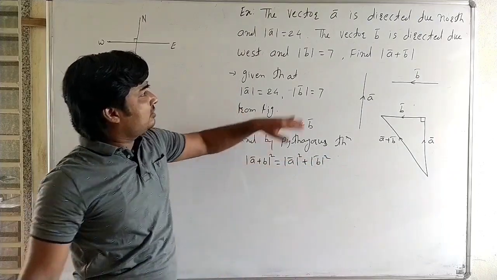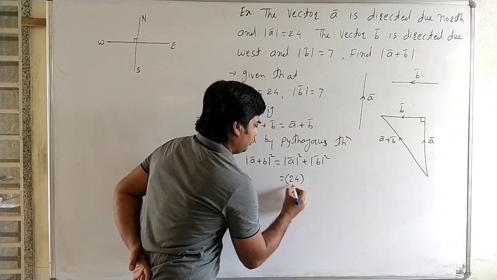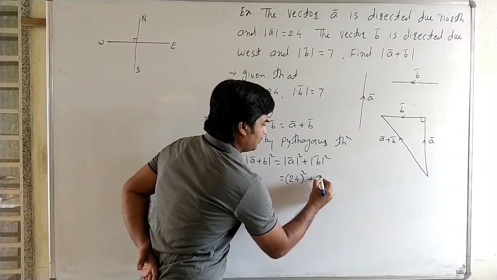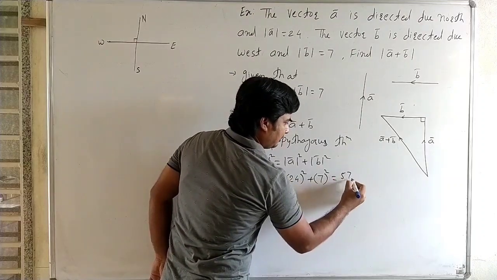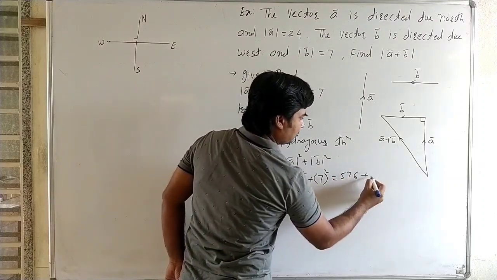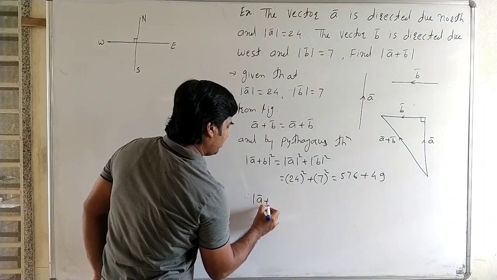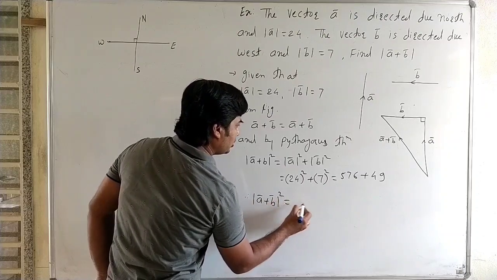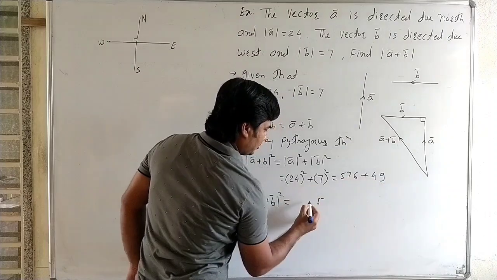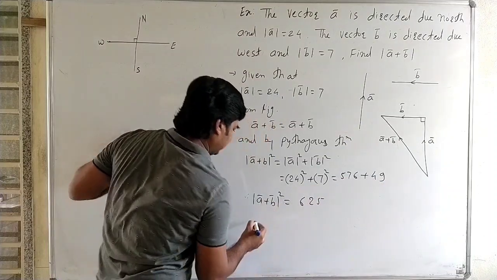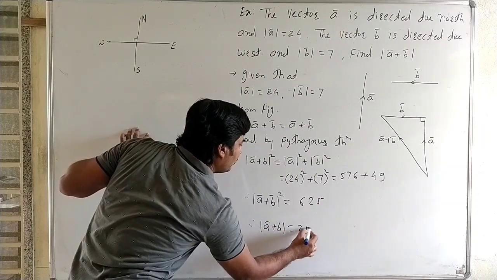That is 24 square plus 7 square, which is 576 plus 49. So the magnitude of A bar plus B bar whole square is 625, and therefore the magnitude of A bar plus B bar is equal to 25 units.